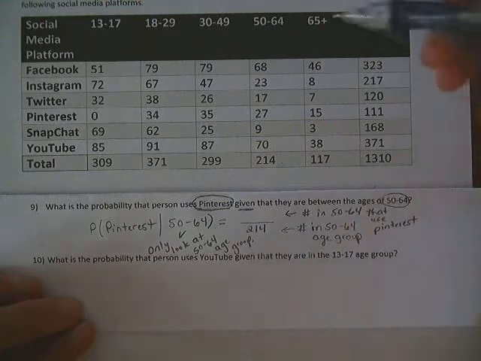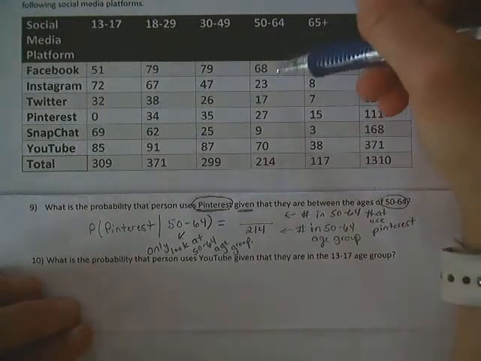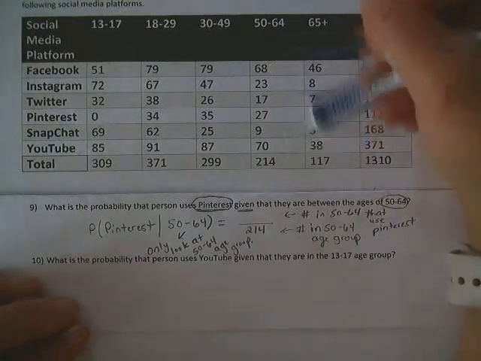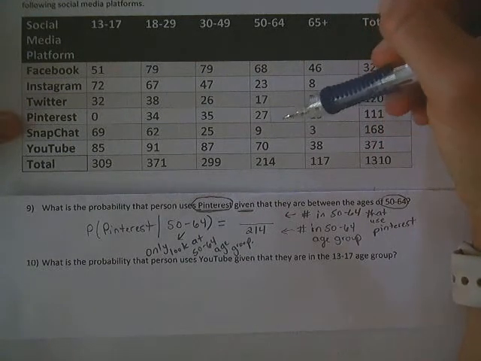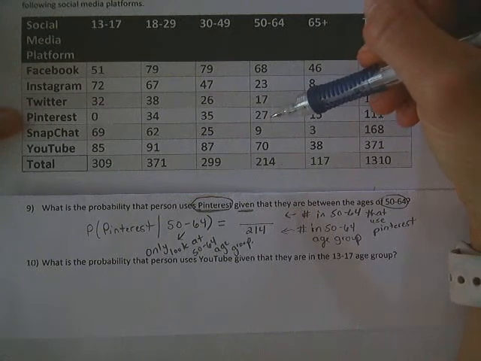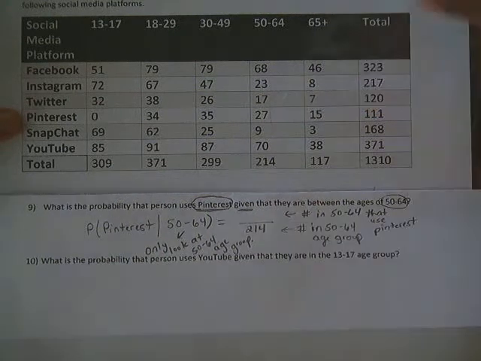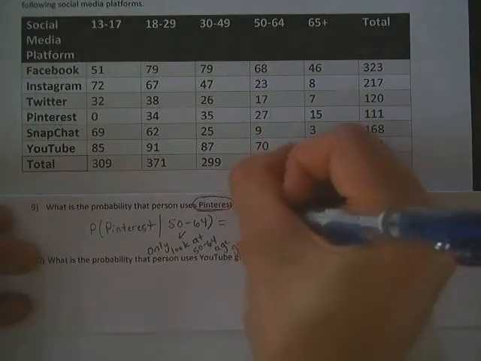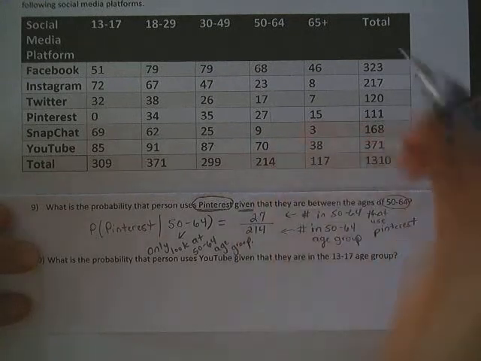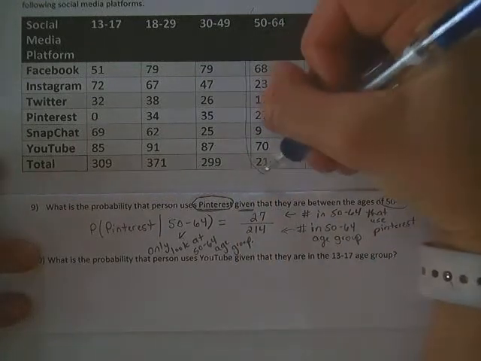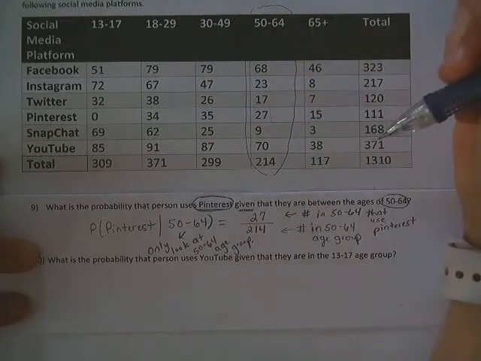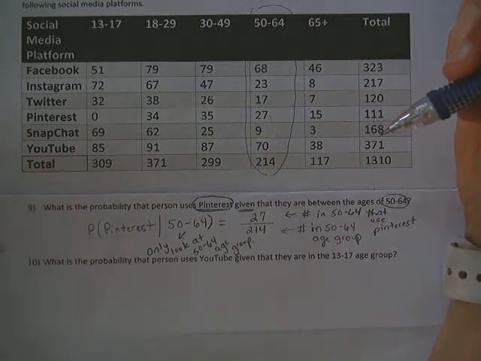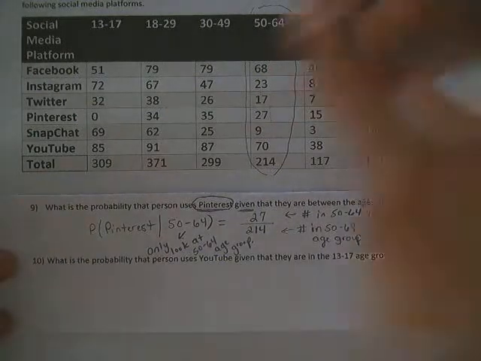If I look at my table, here's my 50 to 64 year old aged people, and then I'm looking for Pinterest. There's 27 of them in that age group. So there's 27 out of that. Notice it's almost like I've ignored the rest of my table and you only look at what you're given. That's how the conditional probability problems work.